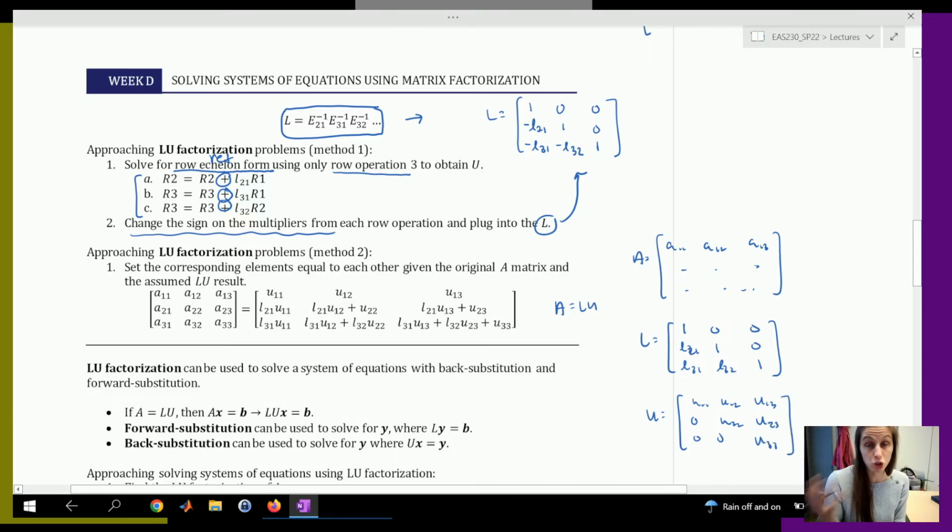So if we just go ahead and multiply L times U with our variables, we end up with this matrix here. And then we can set equal matrices, where A11 equals this, A12 equals this, A13 equals this, and then A21 equals this. But it turns out we already know what U11 looks like, so we can solve for L21, etc. And you go through and set everything equal to each other.